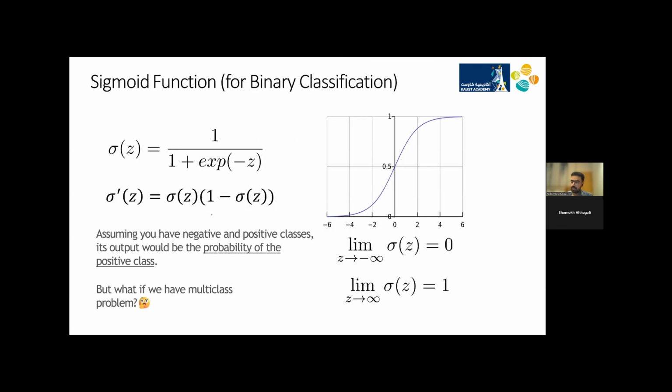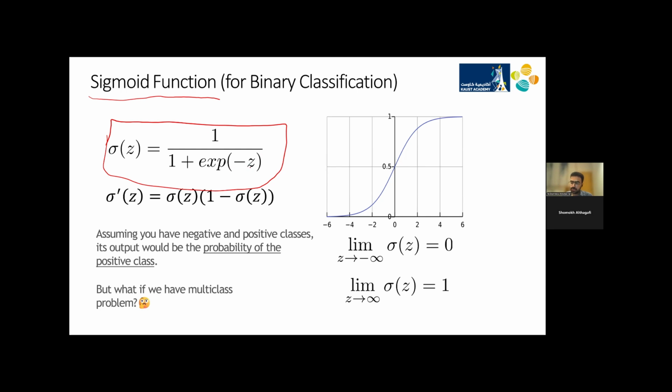To come up with this, we came up with a function called the sigmoid function, and the sigmoid function is pretty simple. Its expression is given by this formula. Basically, whatever value we get from our linear regression model by W transpose X, we just put it in this formula.